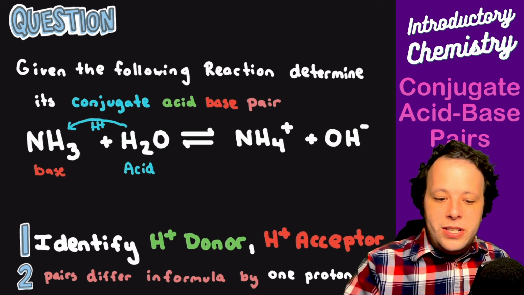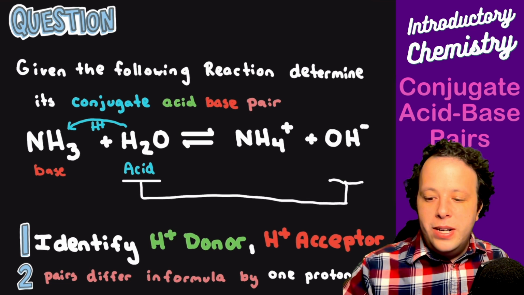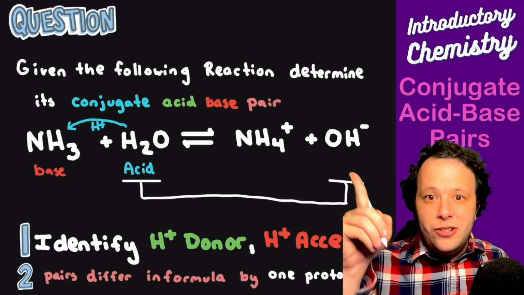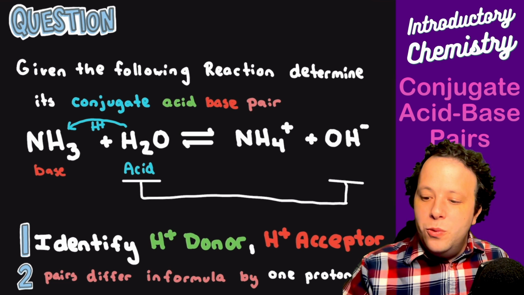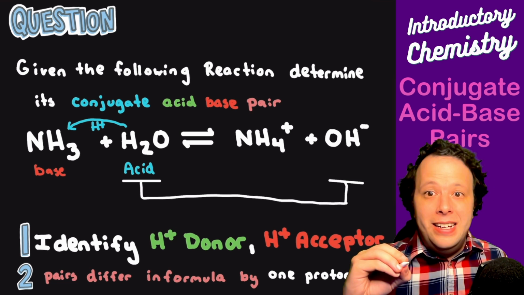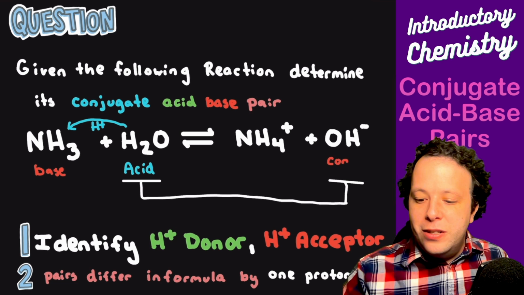Its pair in this case is that H2O is paired with hydroxide, right? They differ by a single hydrogen. OH minus is missing one proton. So what does that make it? There has to be an acid-base pair. So hydroxide is going to be the conjugate base.